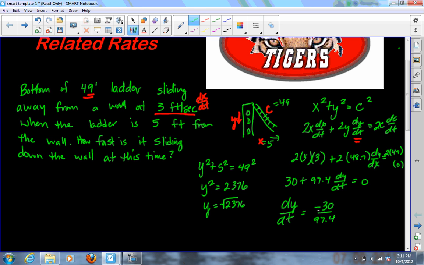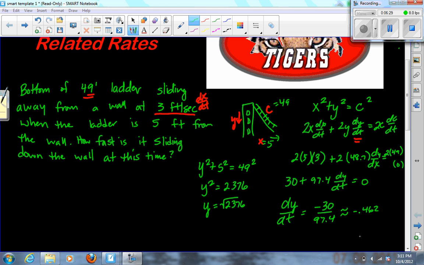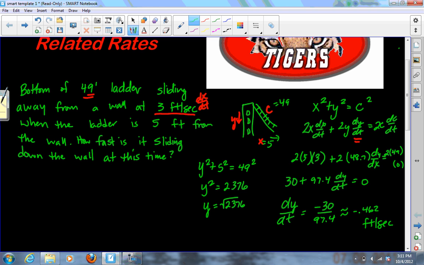And notice we do have a negative answer here, and that's good because y is going down. So this is approximately, let me do this in a calculator, approximately negative 0.462, and we're talking about feet per second because my units are feet and my time units are seconds. So that's one way to do a related rate problem.